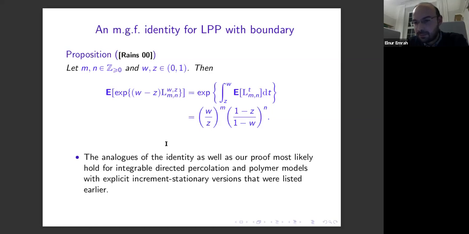Then the exit point would like to be near the origin. So when you try to bound the event that it's away from the origin, in the argument you need to compare some moment generating functions involving the last passage times evaluated both at positive values and negative values.